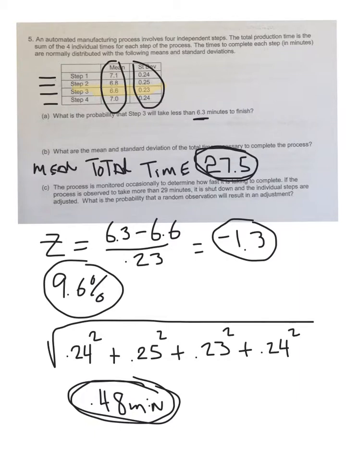So on this one, we're going to use our new average and our new standard deviation to figure out letter C, which is, is it going to be more than 29 minutes? Let's see what that looks like.